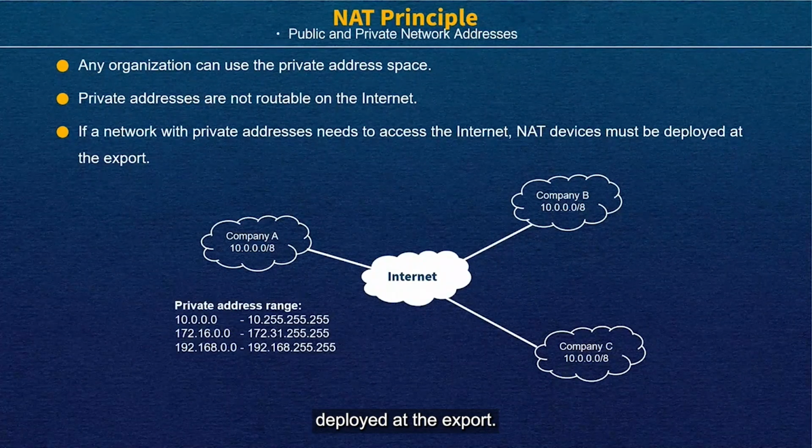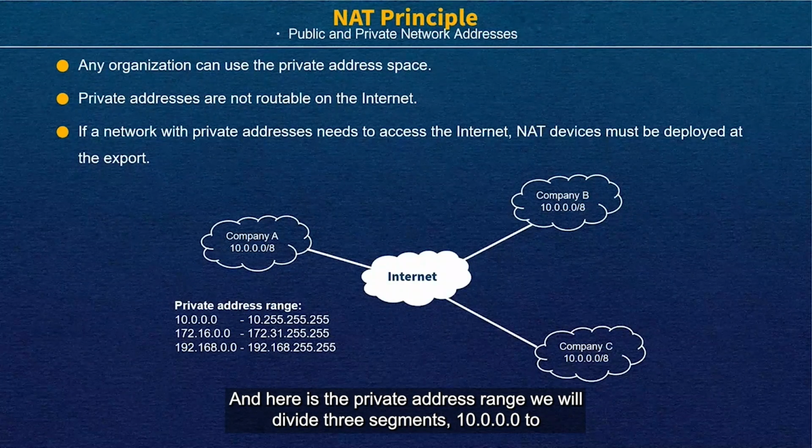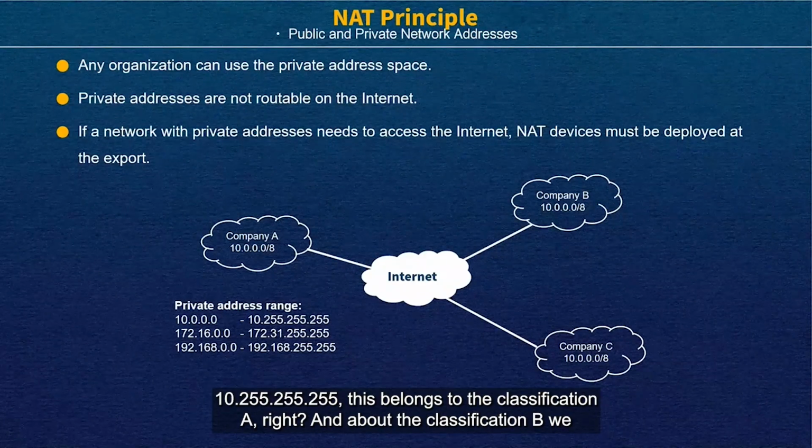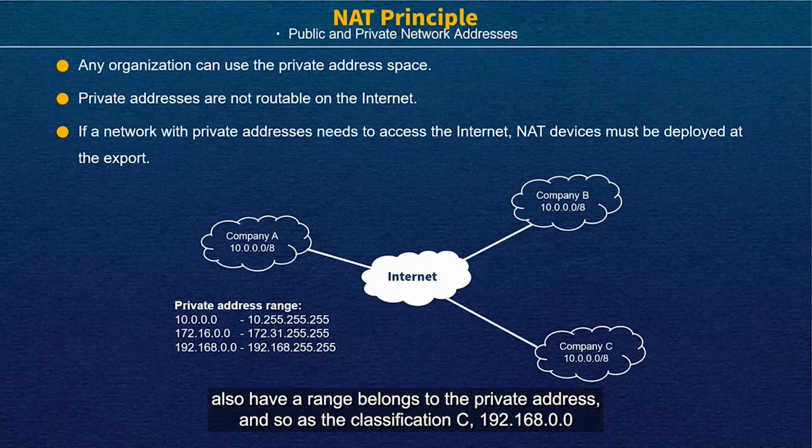And this network device must be deployed at the exit. And here is the private address range. We divide it into 3 segments: 10.0.0.0 to 10.255.255.255, which belongs to class A, right? And about class B, we also have a range that belongs to the private IP addresses, and also the third one, 192.168.0.0 to 192.168.255.255.